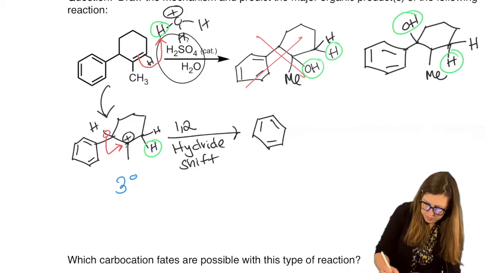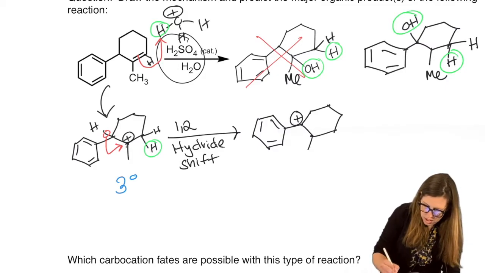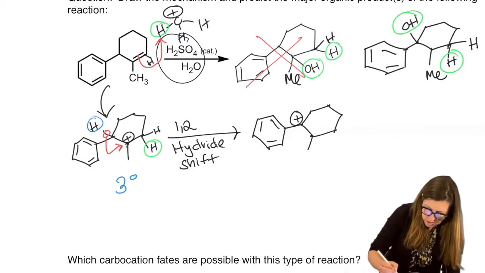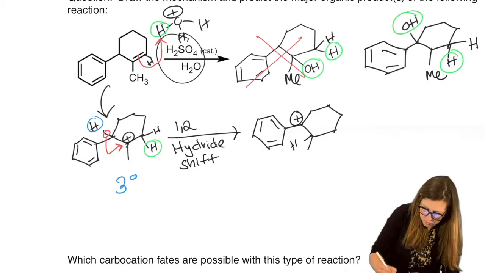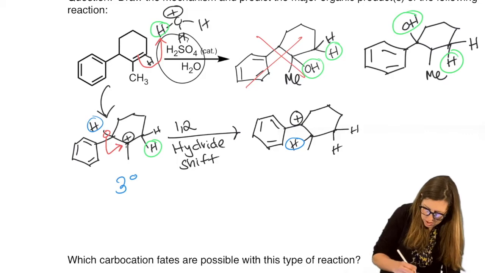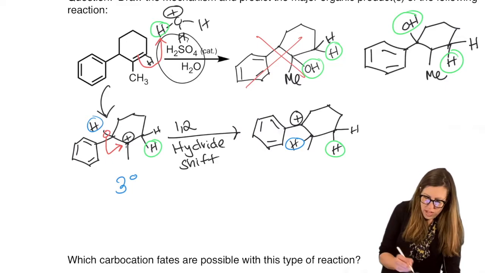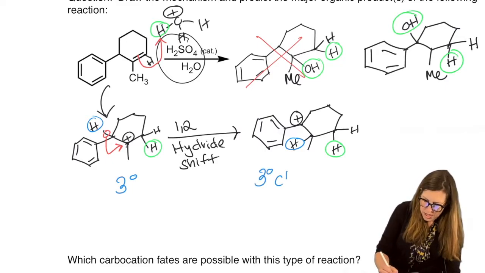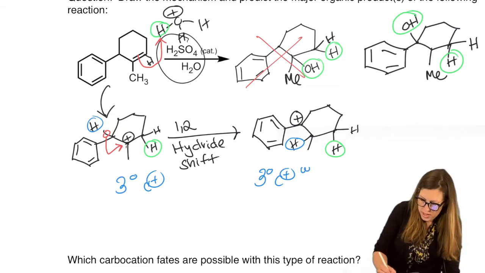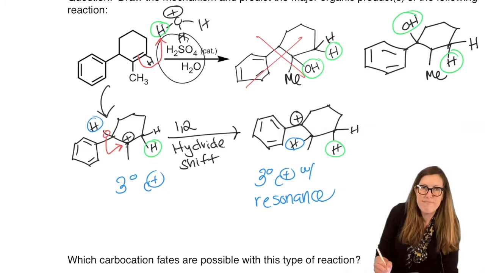There's our benzene ring, now adjacent to the cyclohexane carbocation that has moved its carbocation over there, because this H, if you want to color code it, is now over here. The other new H in green is here. Okay, now we are tertiary carbocation with resonance. That's about as good as it can get.